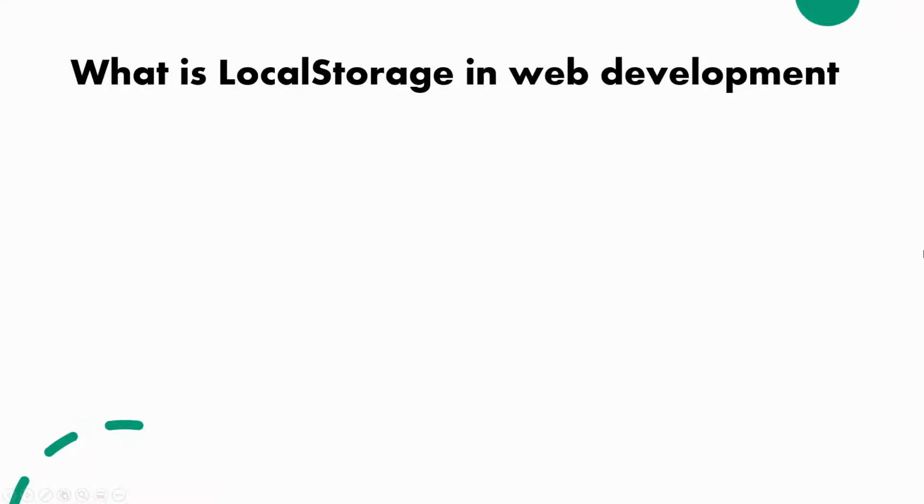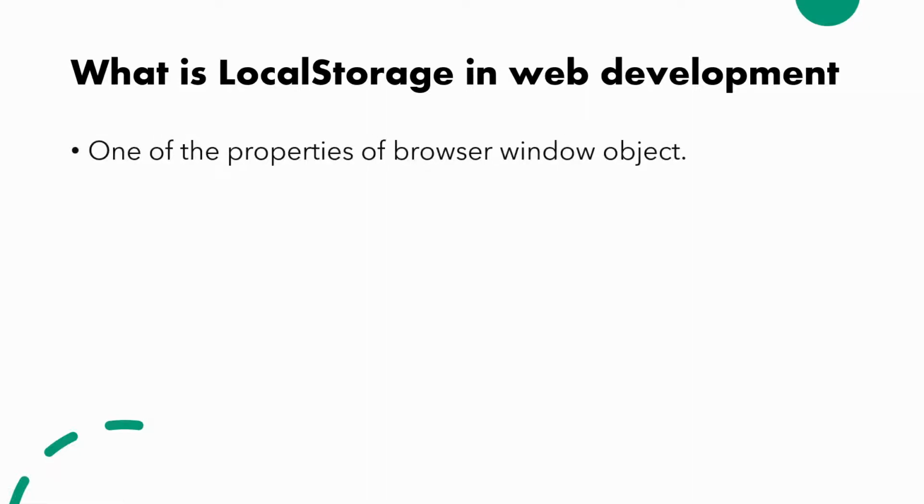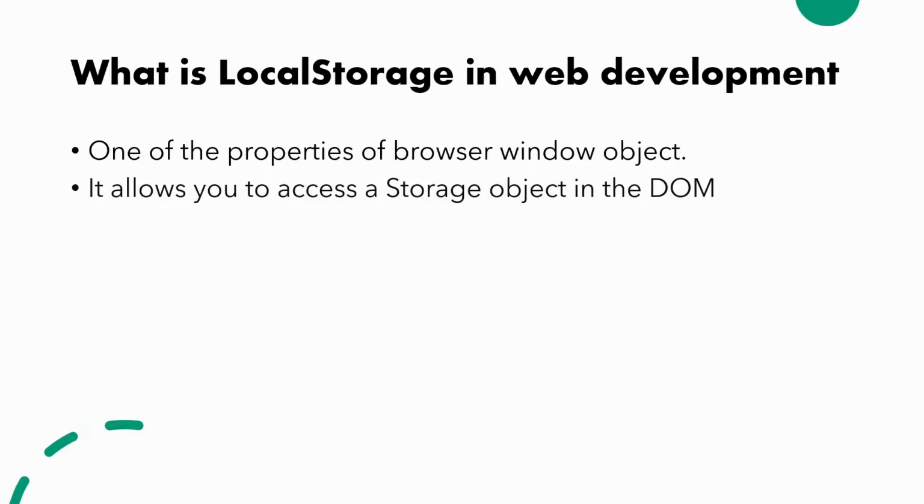So what is local storage exactly? Local storage, as its name implies, is basically storage that your browser uses to manage some information stored on your local machine. Local storage in web development is one of the properties of the browser window object. You can use window.localStorage to access what's called a storage object in the DOM.